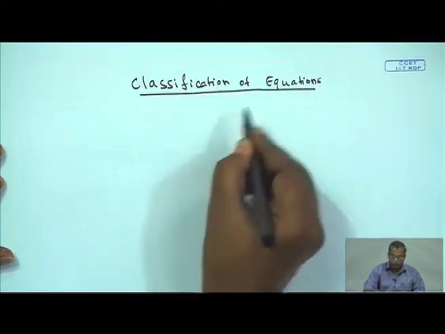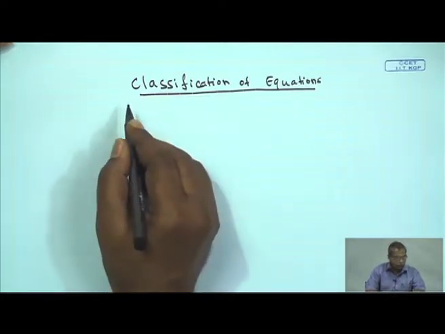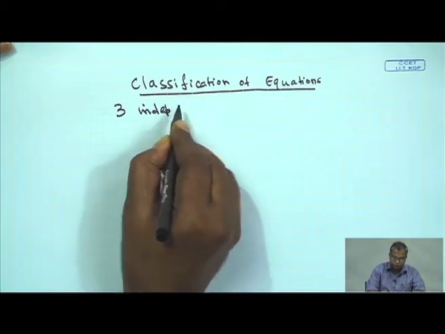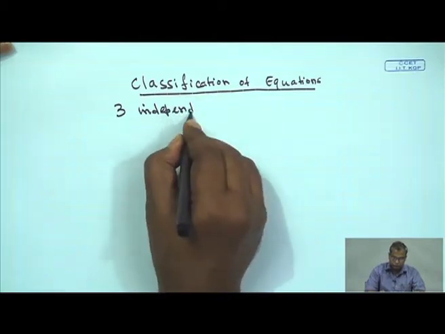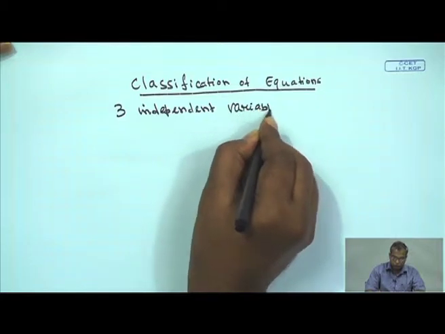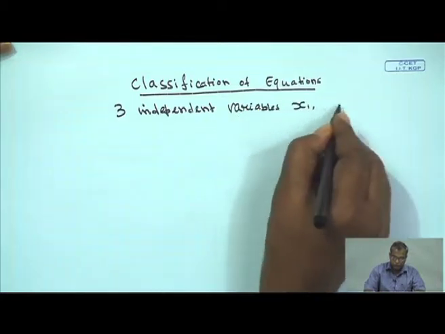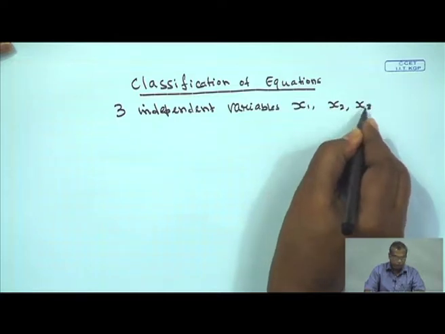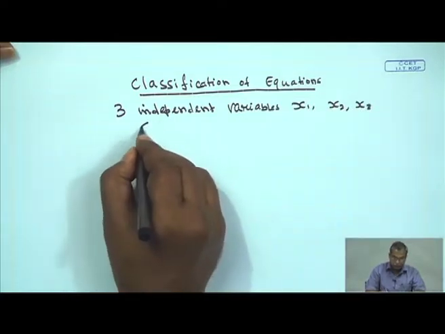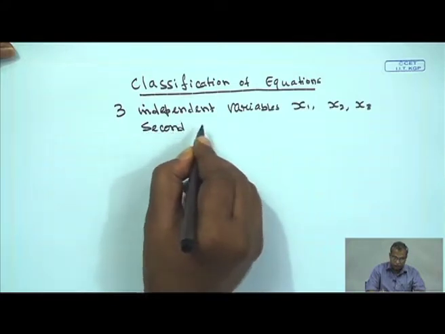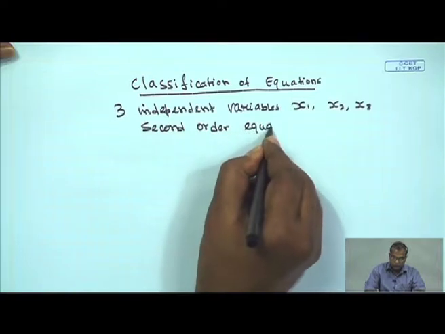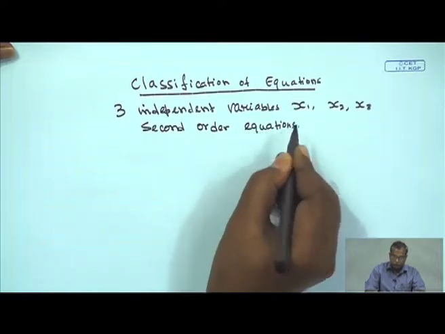In most of the engineering applications, one will be dealing with three independent variables, x1, x2 and x3. Typically, we will be dealing with second order equations in most of the cases.